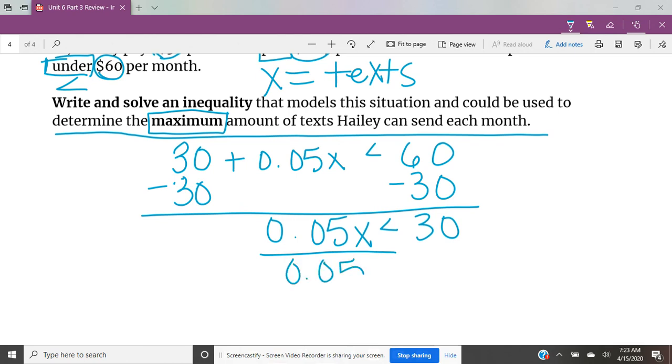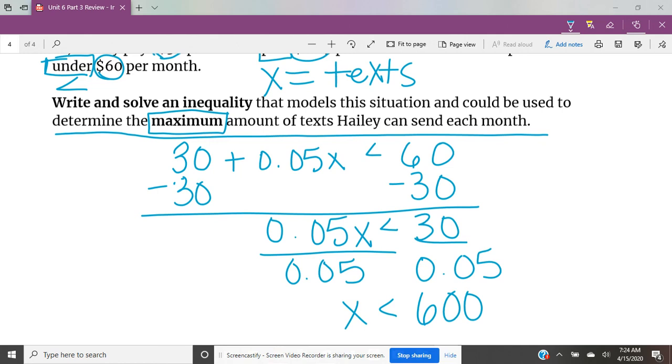So we want to keep it under, and under means less than. So X must be less than 600.